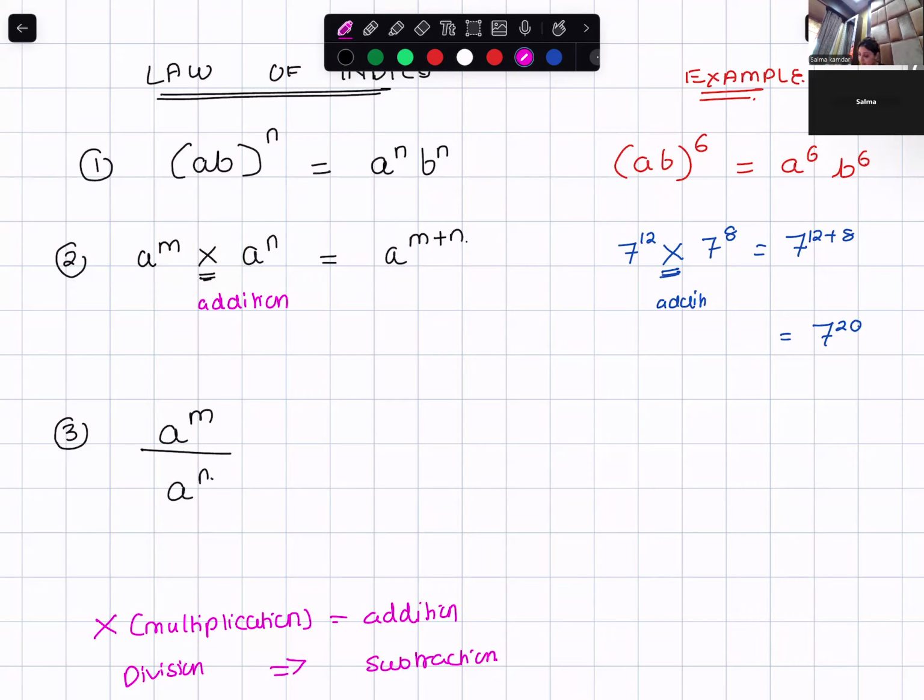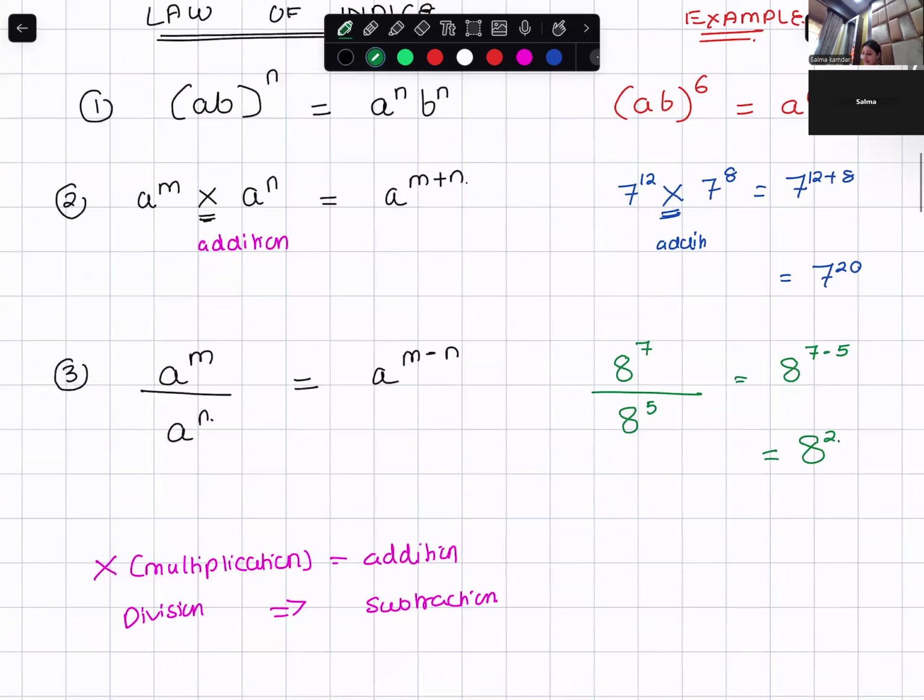So a raised to m divided by a raised to n will be a raised to m minus n. For example, 8 raised to 7 divided by 8 raised to 5. Division means subtraction, so it will be 8 raised to 7 minus 5, which becomes 8 raised to 2.